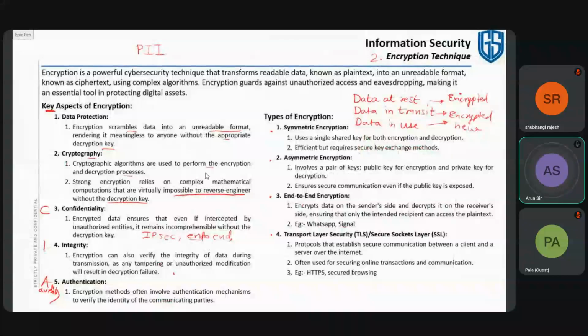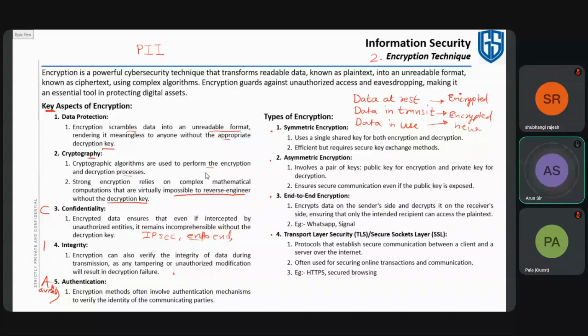Okay. So next thing is TLS or SSL. But first, sorry, end to end, I forgot to mention. End to end is another tunneling kind of thing, and we are using various technologies like WhatsApp, Signal, IPsec, SONET and many others which use this end-to-end encryption. Here the sender side and receiver side, the entire channel is encrypted.